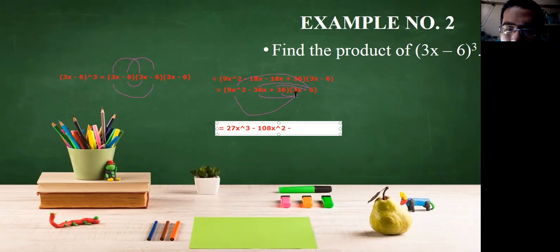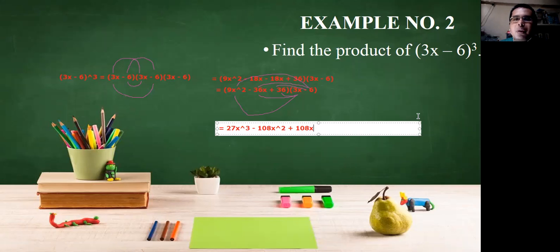Then 3x multiplied by positive 6, that's positive 108x.